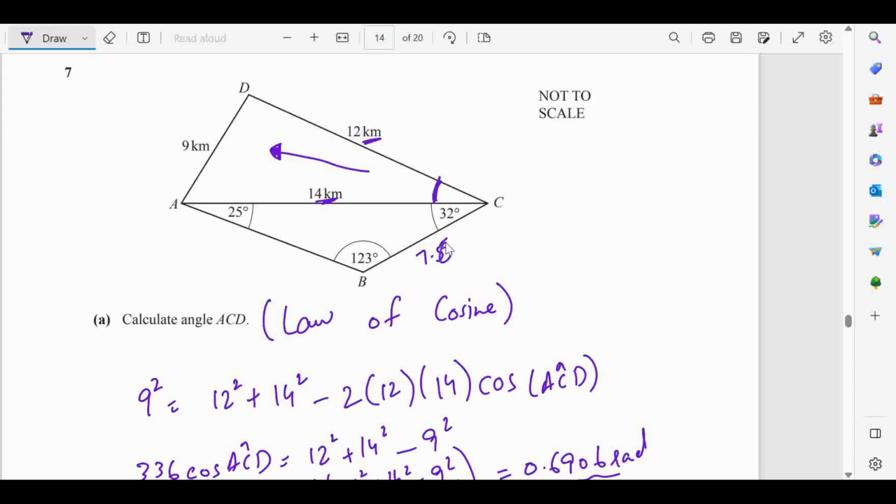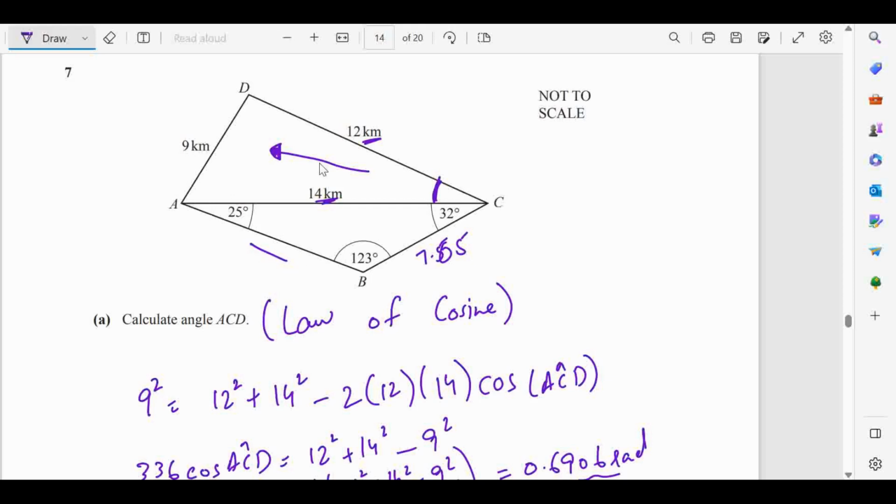We need to prove that this is 7.05. Here we can use the law of cosine as well as the law of sine, but the better way is to use the law of sine, because we don't know this side.